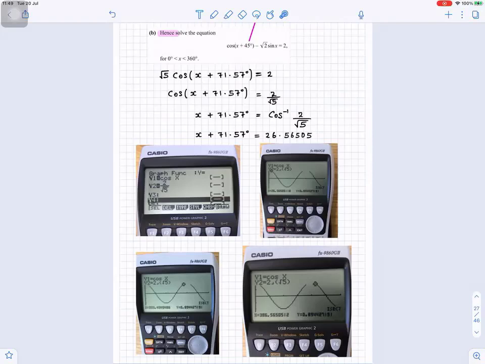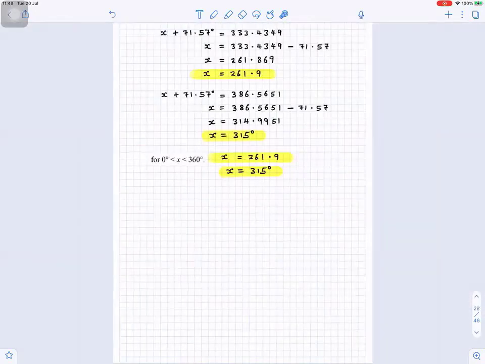If you put it in your calculator, plot the graphs. If you plot cos x and you plot 2 over root 5, you would find out where they intersect. So the graphs show you where they intersect.